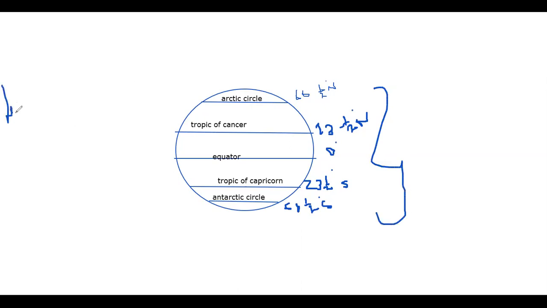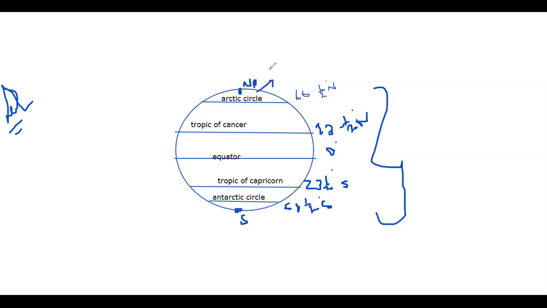So now these were some important latitudes, right? What are the latitudes? The horizontal lines. Now, if I talk about the regions, this is my North Pole and this is my South Pole. N is the North Pole, and S is the South Pole. The region between the North Pole and the Arctic Circle is referred to as... which zone is this?